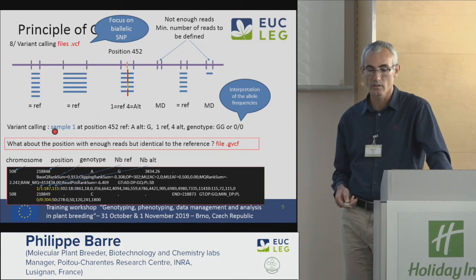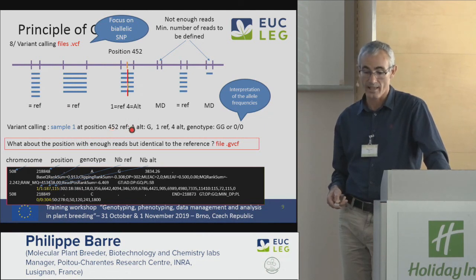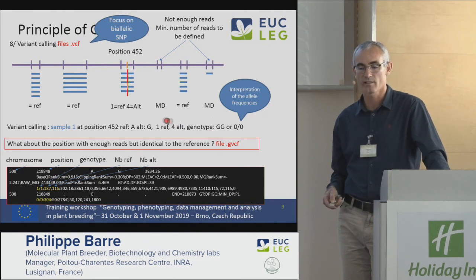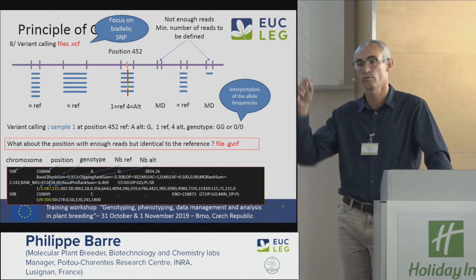So the variant calling will say in sample 1, at position 452, the reference is an A, the alternative is a G, and we have one reference, 4 alternative. That's the number of reads. And then you have a big step here because it interprets that and gives you the genotype. And here it says it's a GG, or you can say it's a 00. So here you have an interpretation of the number of reads.